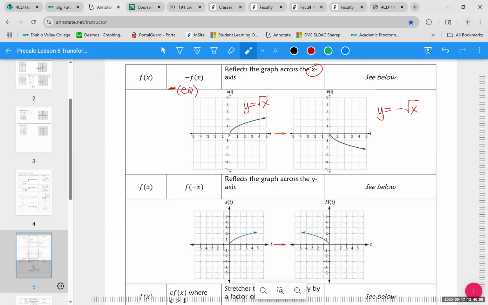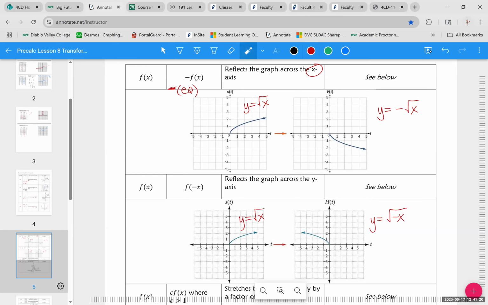The difference, how do I know when I'm reflecting across the y-axis? In that case, I'm changing the sign on the x. So I would go from a positive x to a negative x. So that would look like y equals the square root of x here, and y equals the square root of negative x here.